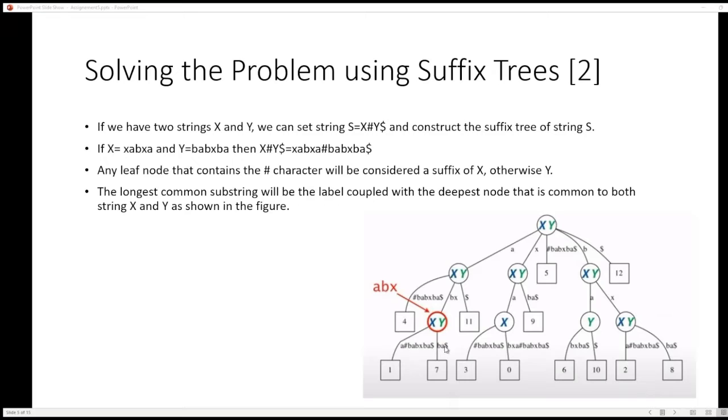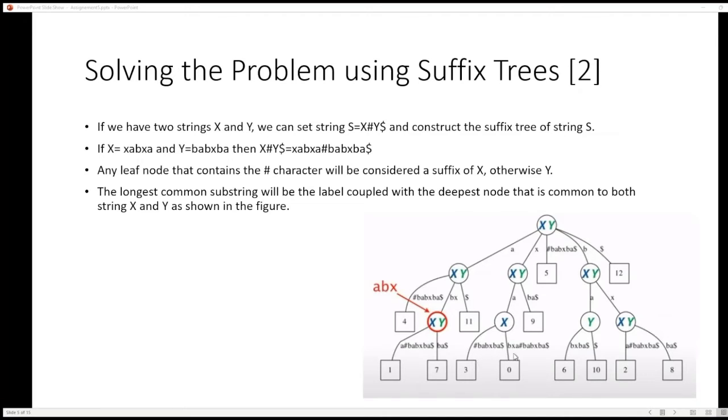The second one doesn't start with a character from x, it only starts with a character from y. So this one will belong to y. Since one of the children is x and one of the children is y, this node will be xy.